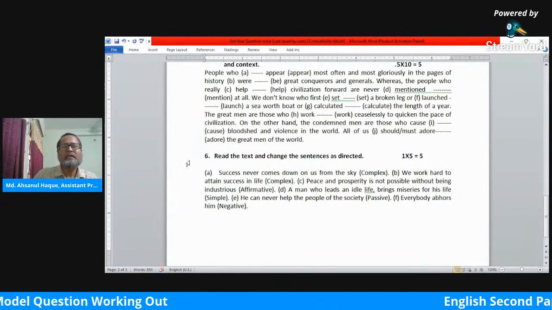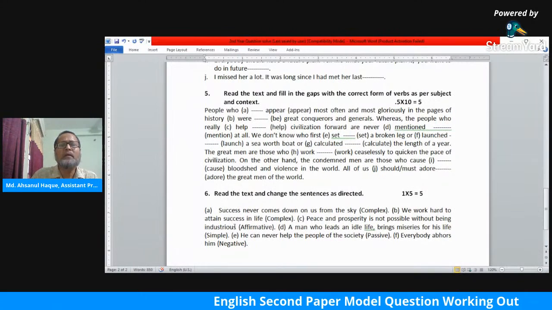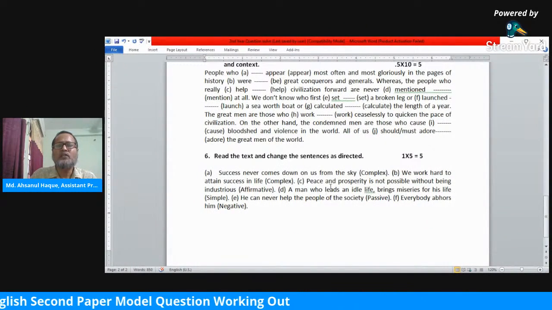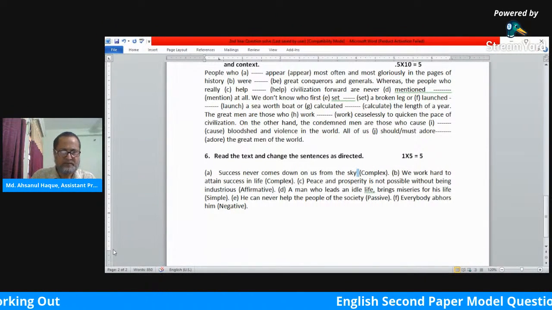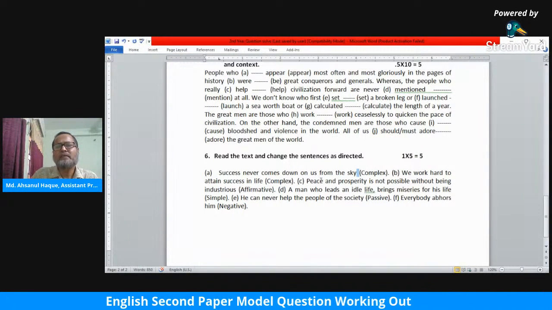And now the last question, sentence transformation. Success never comes down on us from the sky. Very significant sentence. Success never comes down on us from the sky.